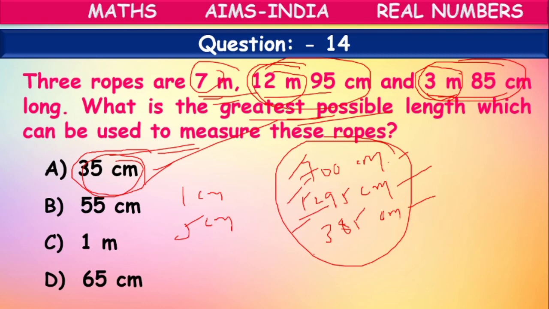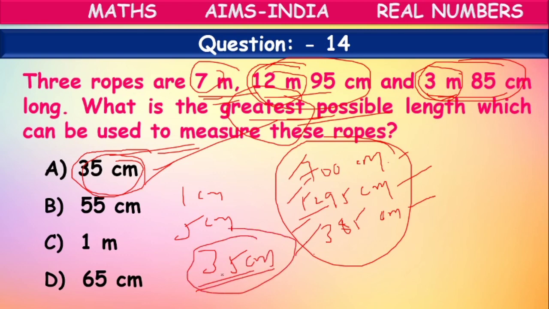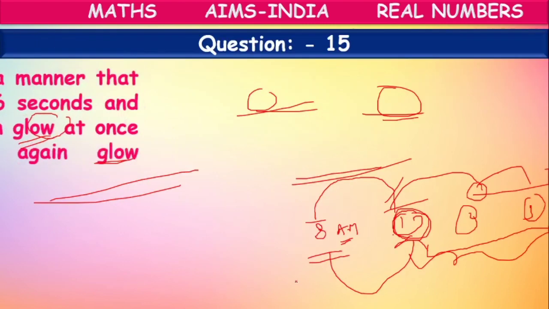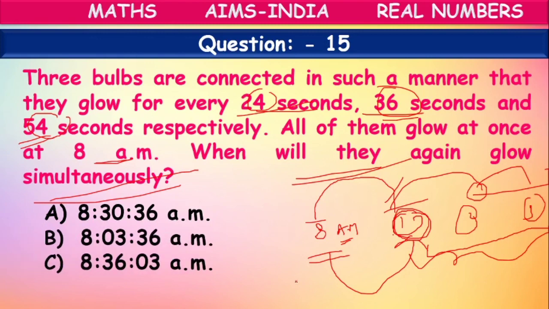But they are asking for the greatest possible length, means with 35 centimeter we can measure them exactly. That will be the greatest. With any other greater length we cannot measure. So according to the given condition, we have to cross check whether we have to find HCF or LCM. So in this case we have to find LCM.